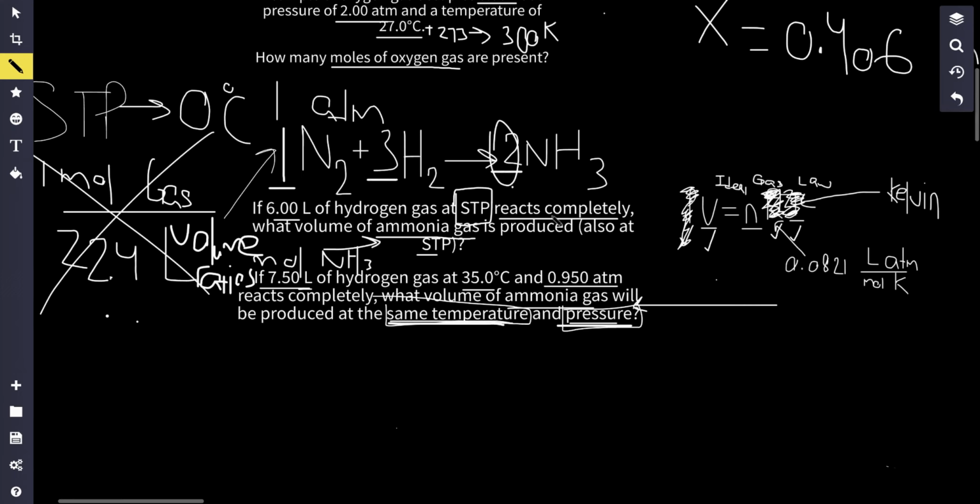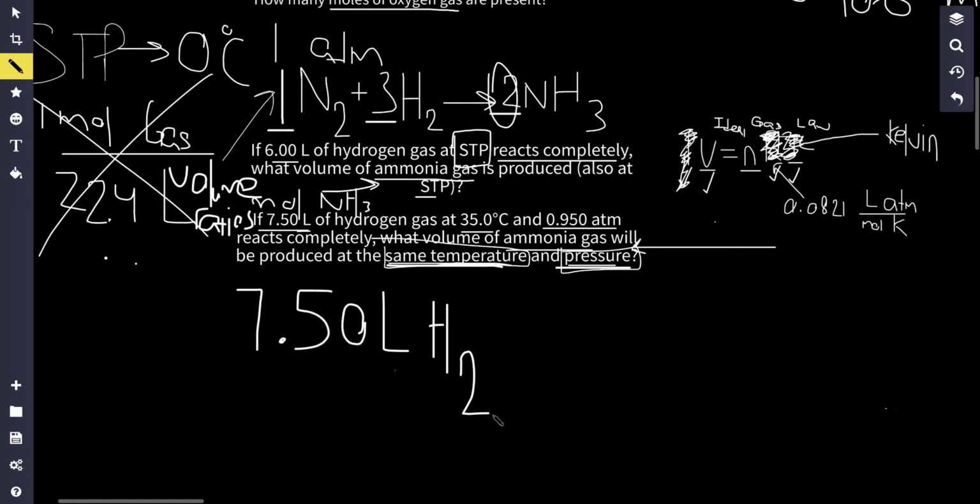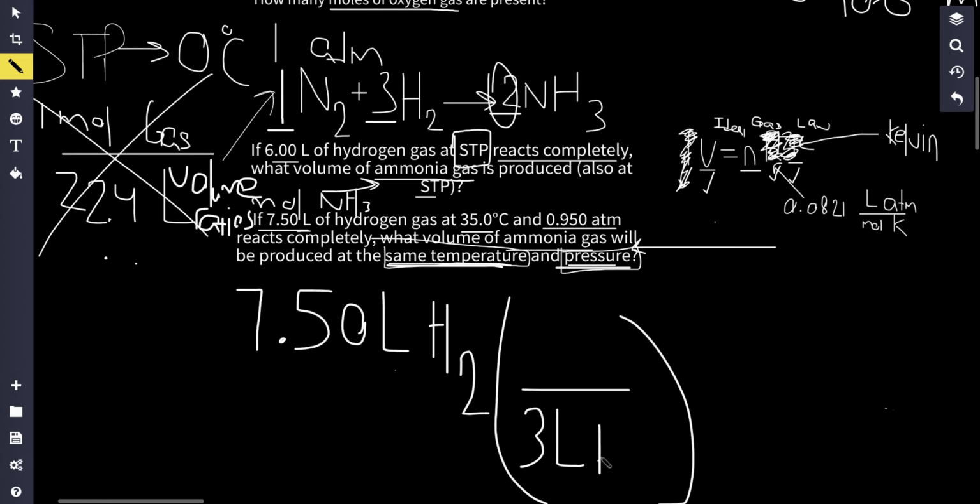It's the same concept as mole ratios, except because we know everything else is constant in our equation, the volume and the amount of moles have to be proportional to each other. So imagine if we started out with 7.50 liters of hydrogen gas. We can say that for every 3 liters of hydrogen gas that I have, I'm going to produce 2 liters of ammonia.